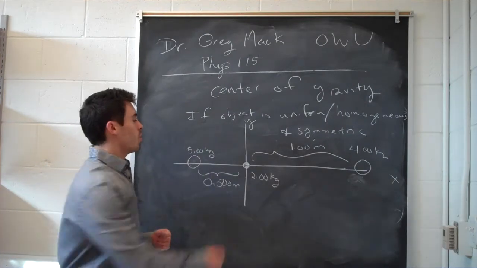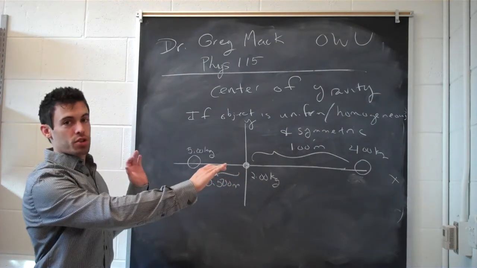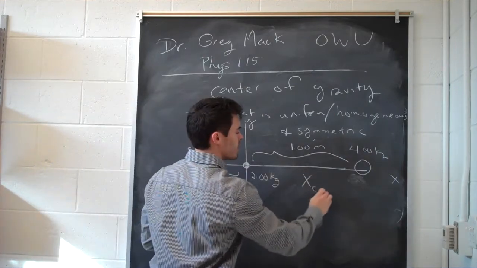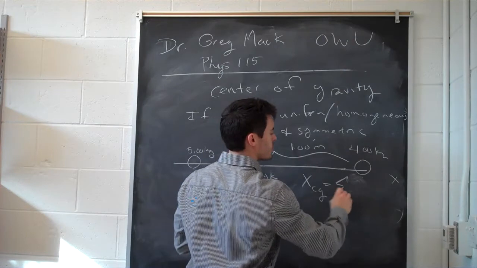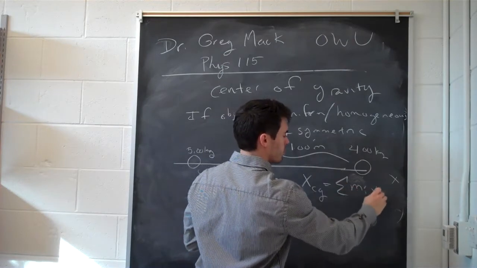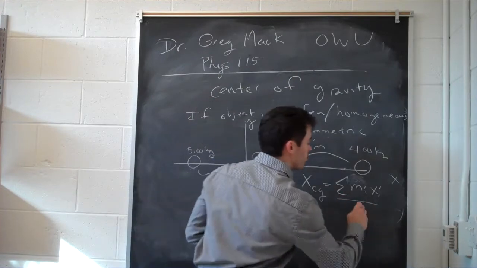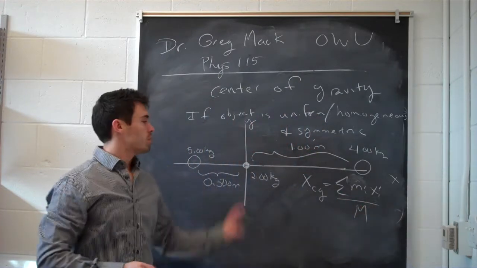Okay, we only have mass along the x dimension, so we only need to look at that first one. The x center of gravity is equal to the sum of each particle's mass at its coordinate position divided by the total mass.